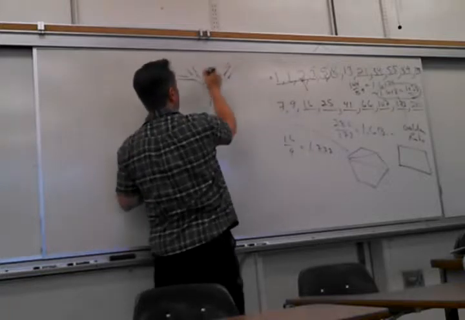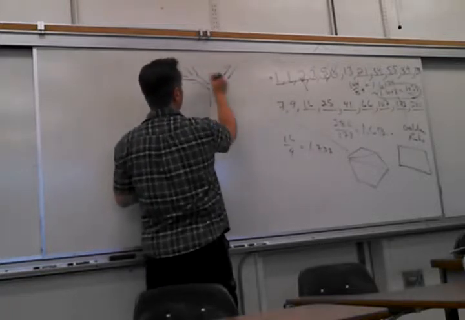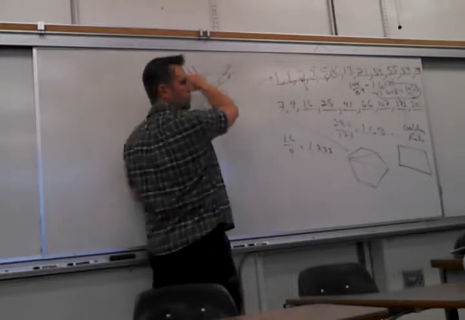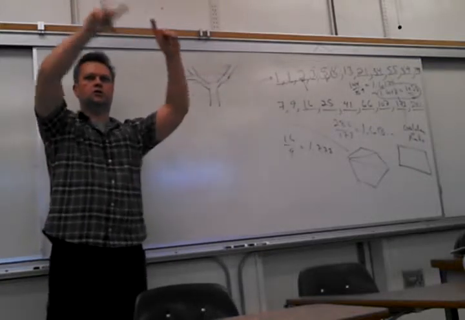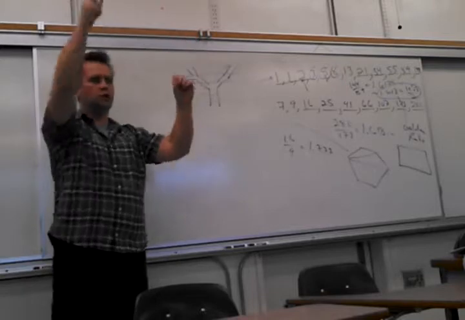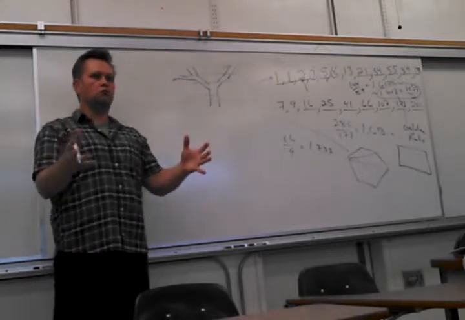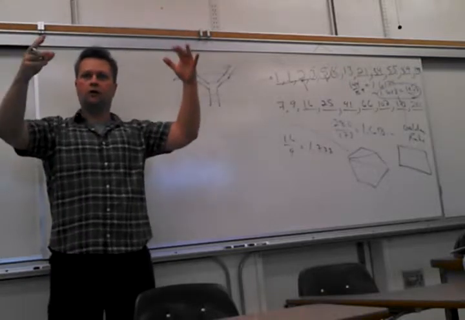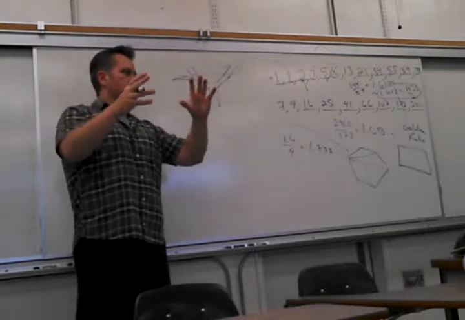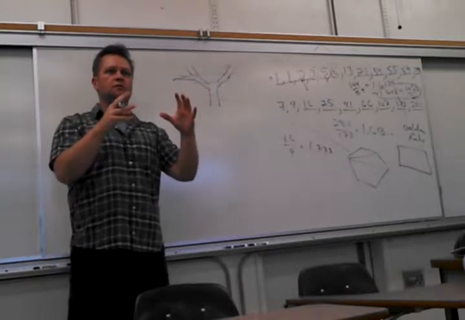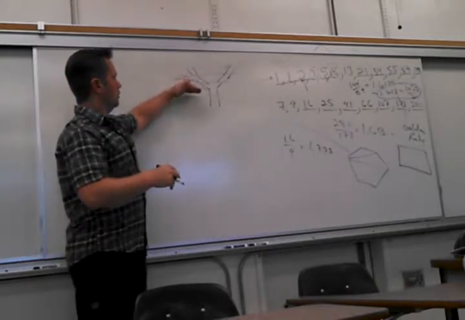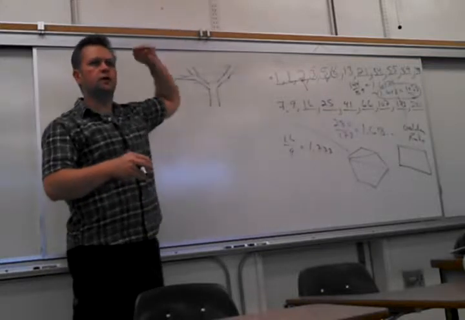If you go up and count the number of branches, there's 1, there's 2, there's 3. If it's a tree that nobody's cut and that has grown normally, without any weirdness happening, without creatures gnawing at it, then a lot of trees follow this Fibonacci sequence.